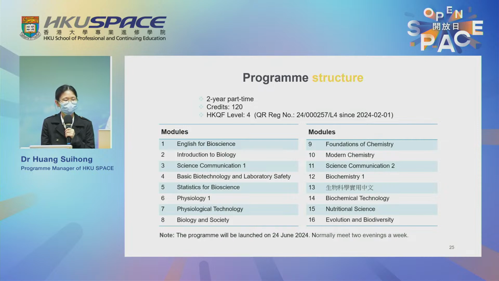And a large proportion of this program is to build the foundation in biology and in science for students. So, for example, module 2, Introduction to Biology, module 6, Physiology, module 12, Biochemistry, and module 9, Foundation of Chemistry. This will provide students the principles and foundation in biology and science.